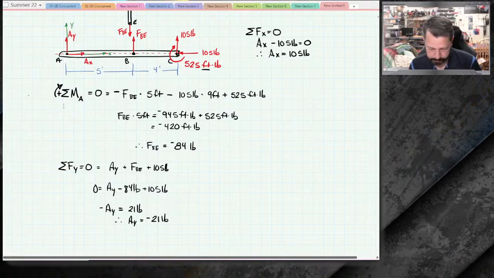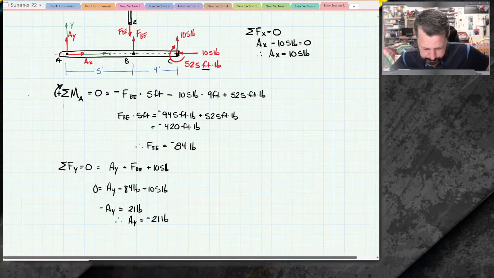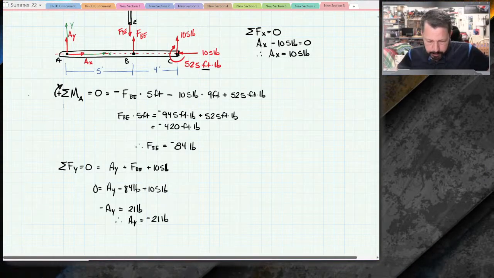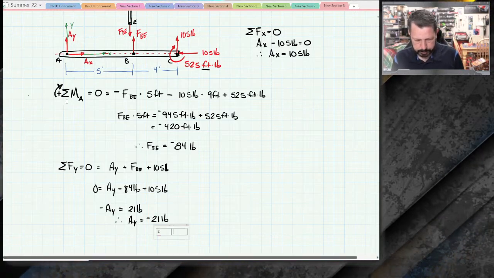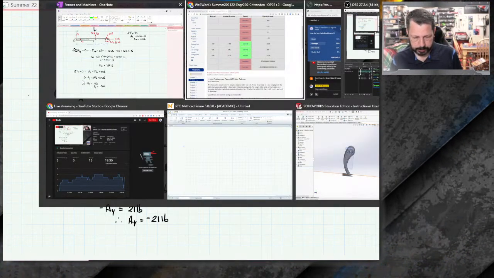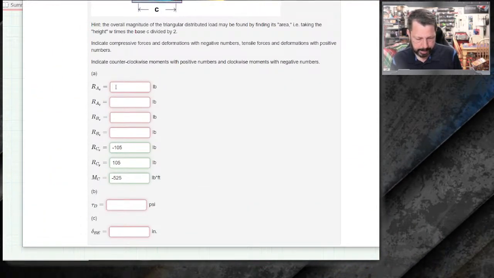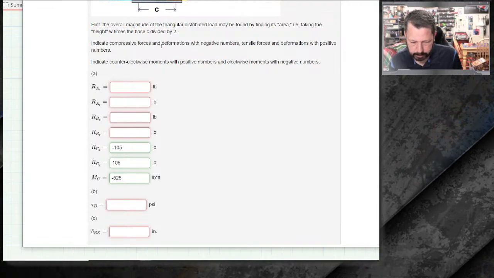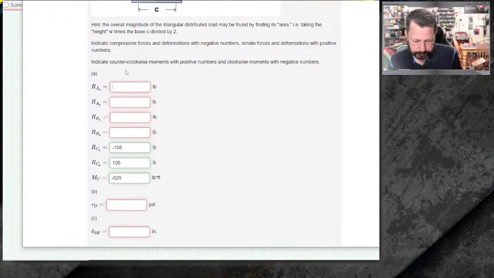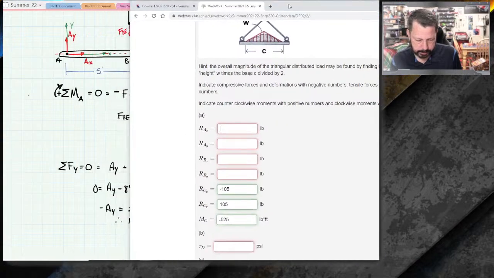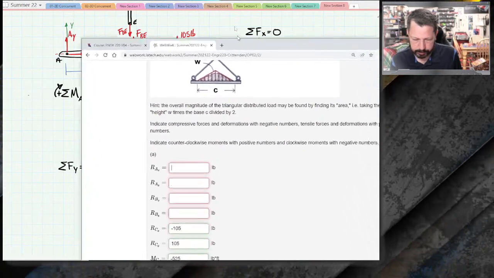Just checking this out, make sure that's right. That looks right. All right. So now we could start trying to plug some of these into WebWork and see if we got anything right. So let's see. The reaction at A in the X direction, I assume that's going to be our AX, 105 pounds going to the right.